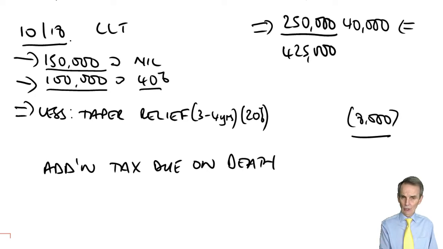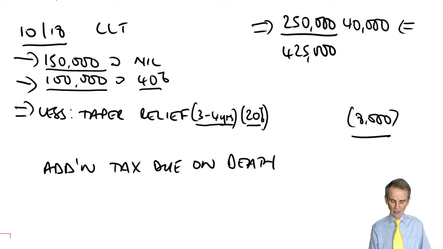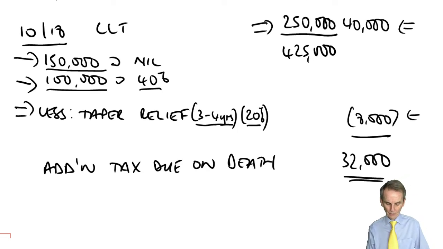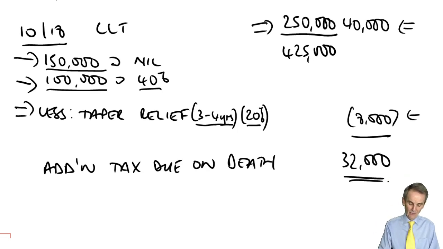When did X die? 1st of January 22. So we have survived for at least 3, but not 4 years. So the taper relief for between 3 to 4 years, at the lowest level available, 20%. 20% of 40,000 would be 8, meaning that we've got additional tax due on death of £32,000.